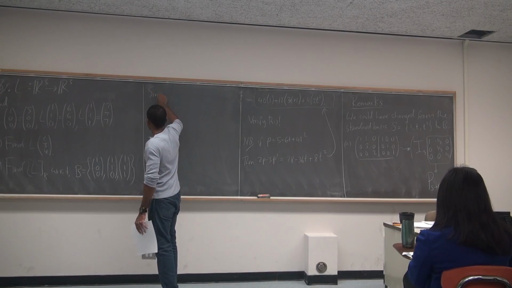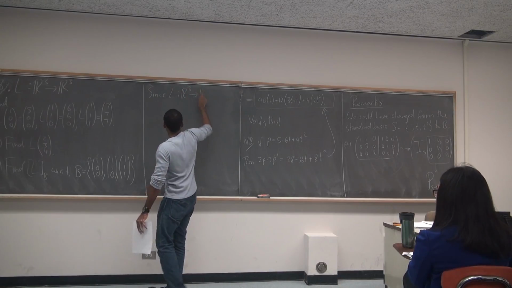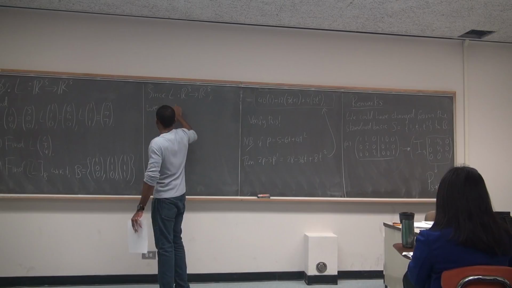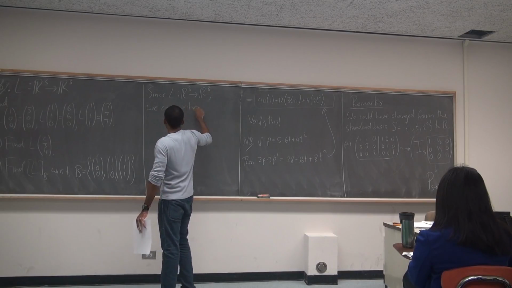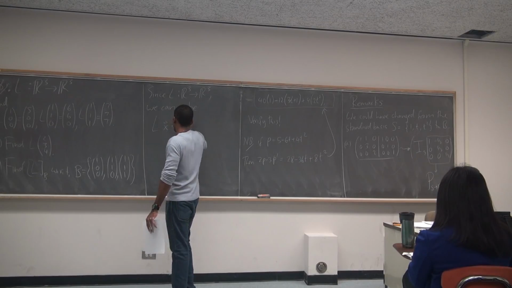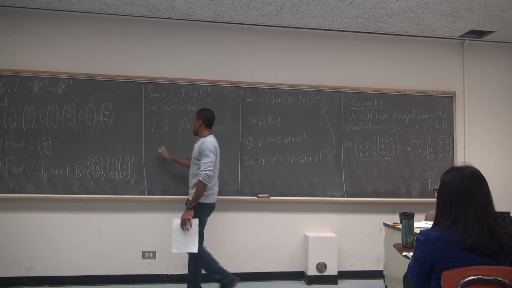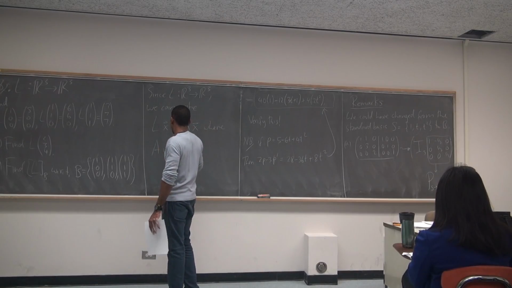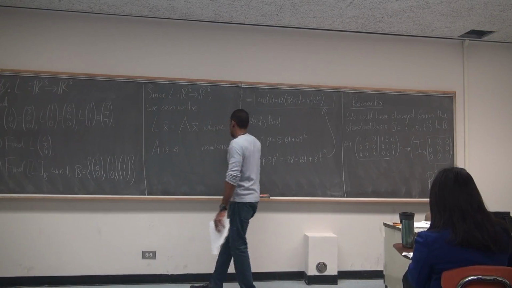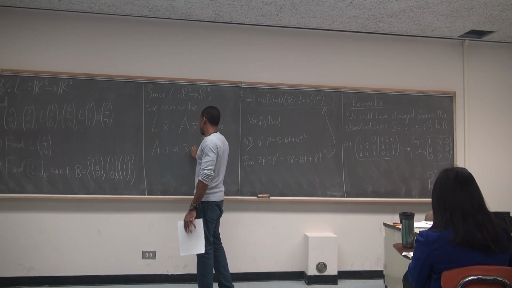Since L goes from R3 to R3, we know it's a linear transformation. L of x is equal to just the matrix times x, where A is what size matrix? 3 by 3.